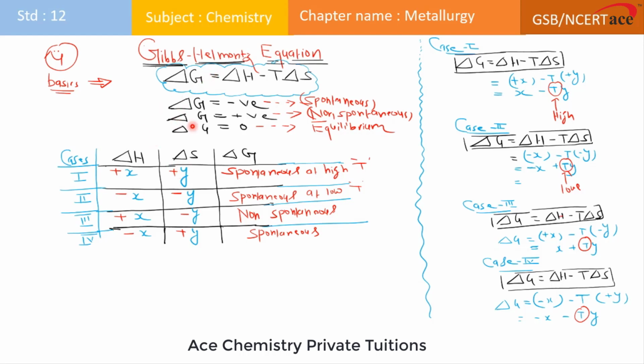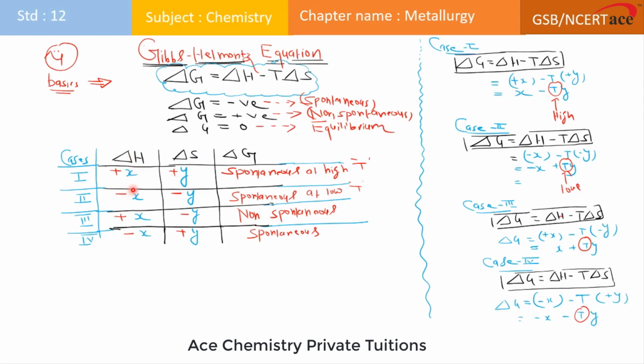Now the details of all these parameters, students, we are going to learn in a chapter called thermodynamics, so we are just going to discuss only the basic part of it. So in the first case, the delta H value is positive and the process is endothermic, and the delta S value is also positive, which indicates the randomness of the system increases. So let's say delta H is plus X and delta S is plus Y.